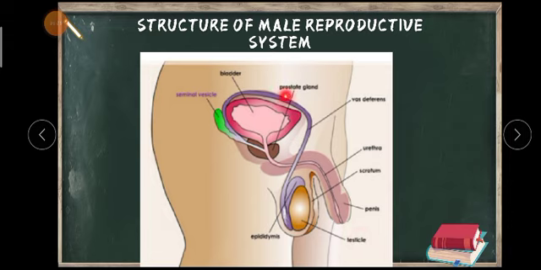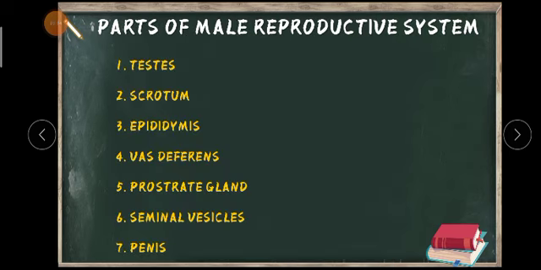Is it clear? This is a brief, rough representation of the male reproductive system. We will discuss the different parts in detail in today's class. So what are the different parts of the male reproductive system? All of you take a note. First is the testes.